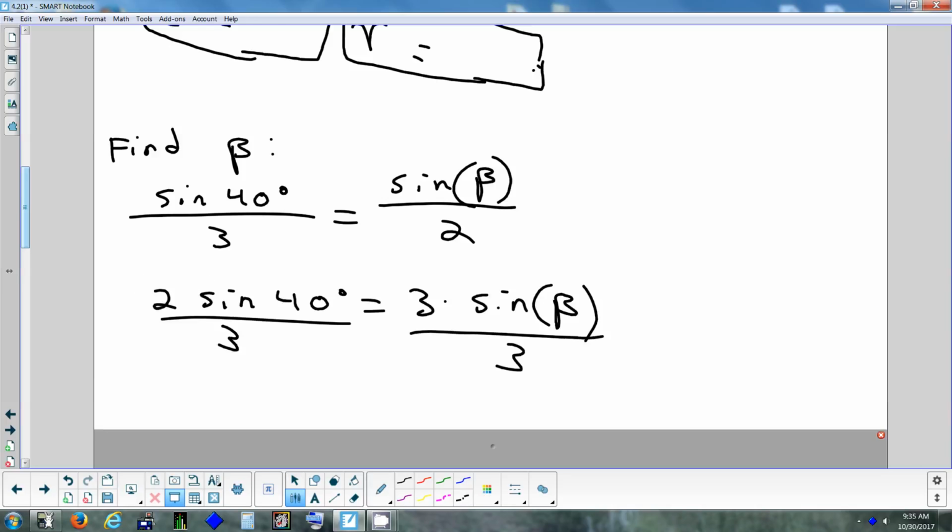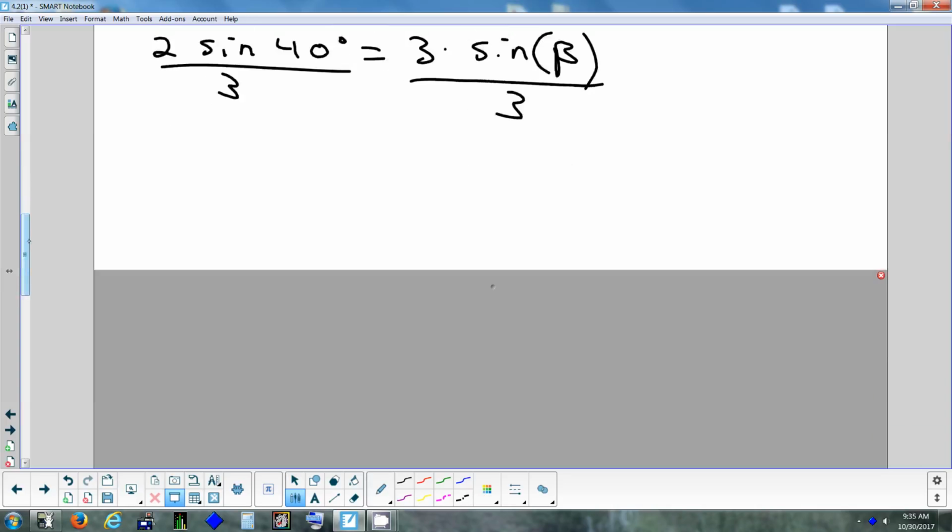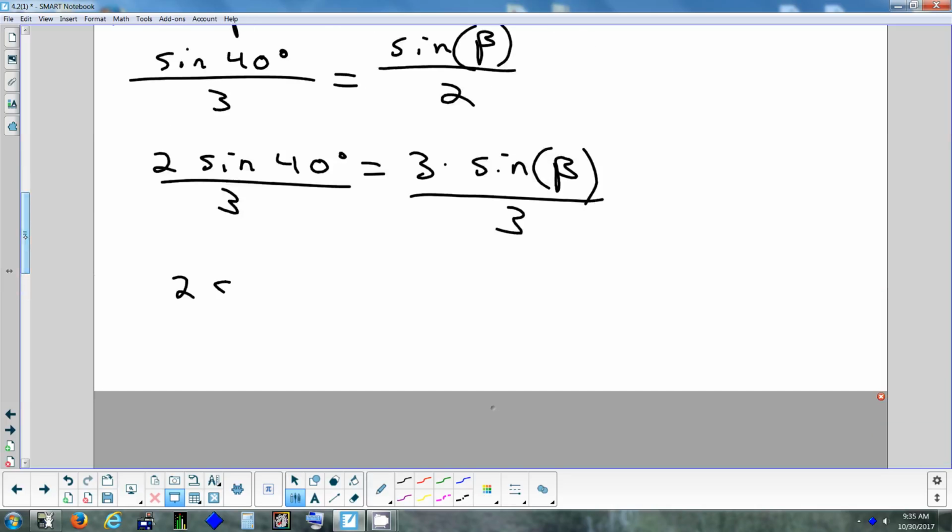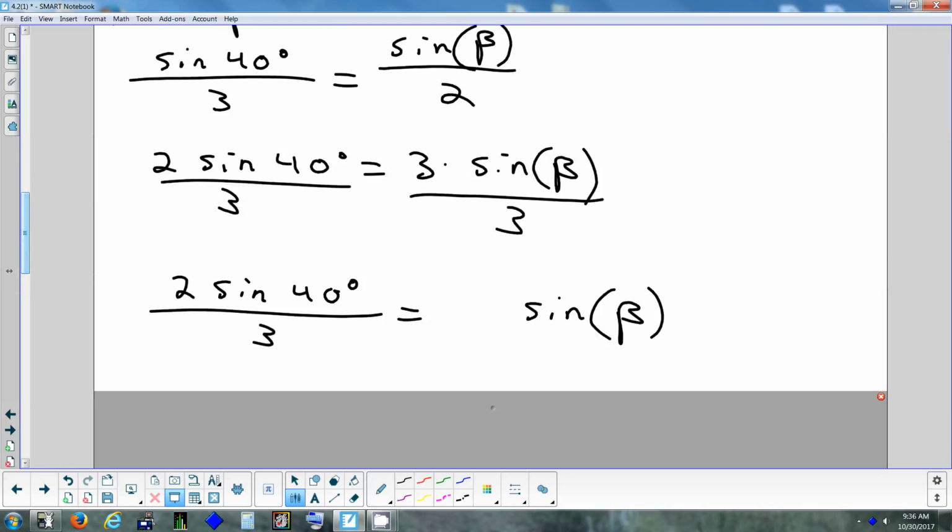So now I have 2 sine 40 over 3 equals the sine of beta. And that beta, it's inside the sine function. So when you have something that's in a function, you can't cancel it with add, subtract, multiply, or divide.